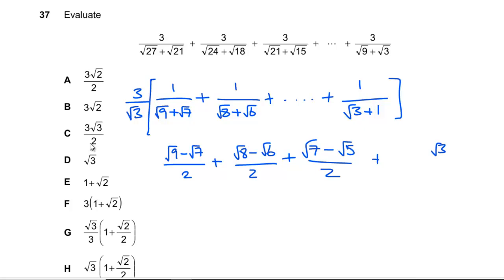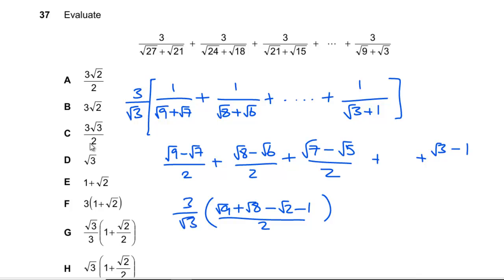I'm going to have a root 3 minus 1 at the end. So I've got root 9 down to root 3, but then I'm taking off root 7 down to 1. So I'm going to have root 9 plus root 8. Then they all cancel down to a minus root 2 and a minus 1. And then I've got divided by 2 and multiplied by 3 over root 3.